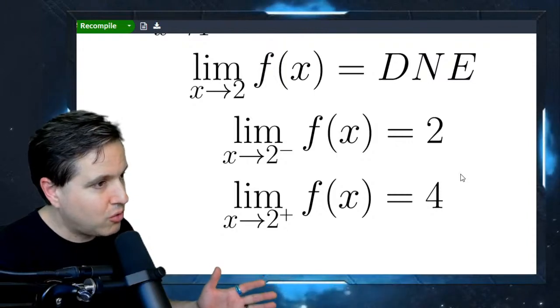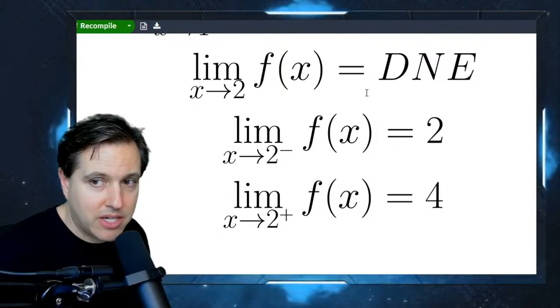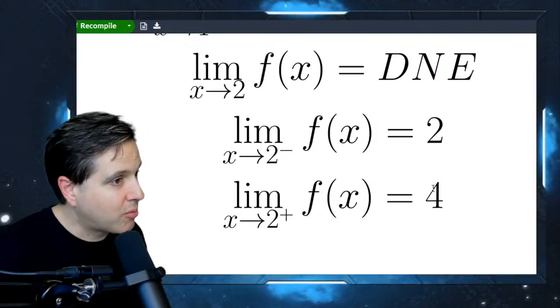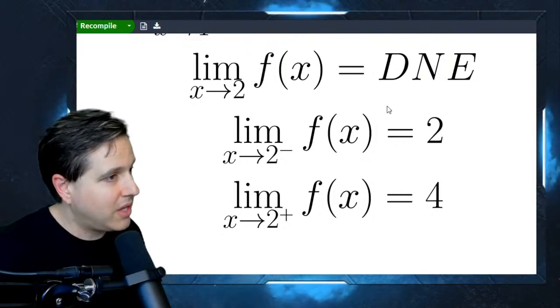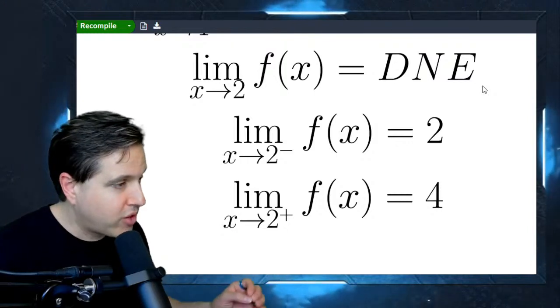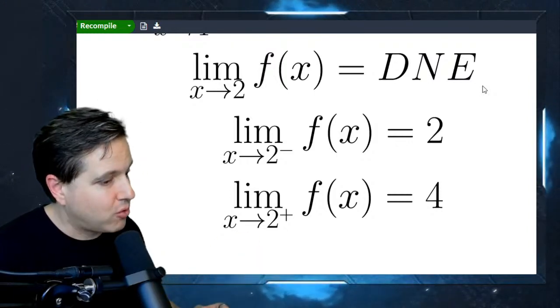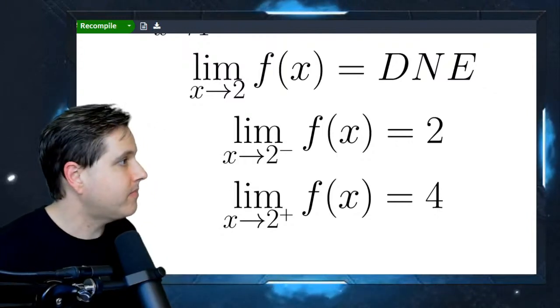One side says 2 and the other side says 4. That leads us to conclude that our full limit does not exist. Okay, if we did a problem where we got 2 for both of these, then the full limit would be equal to 2 as well. So your two one-sided limits both have to exist, and they have to agree with each other. That's a requirement.